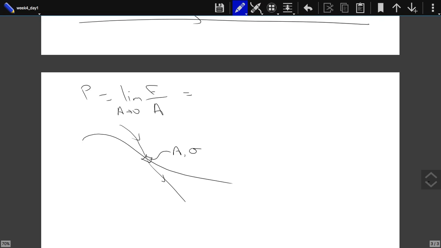It's the electrostatic force, Q times E, divided by A. What is Q in terms of A and sigma? Sigma times A. So it is sigma times E. Well, almost.